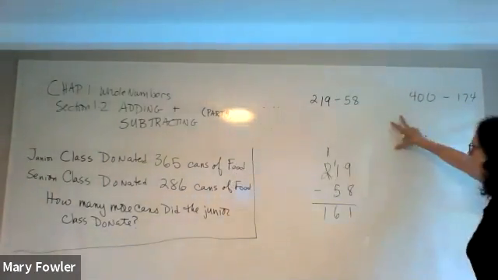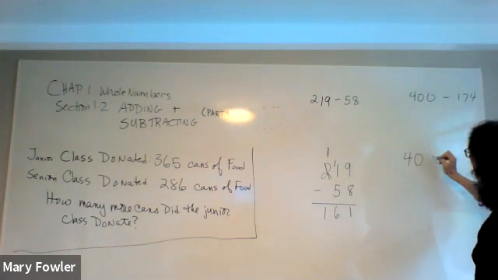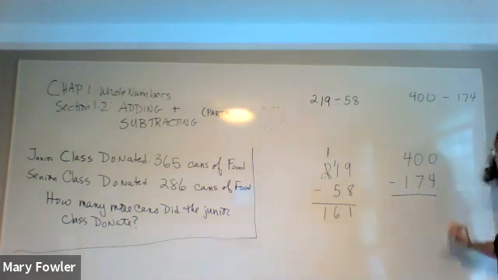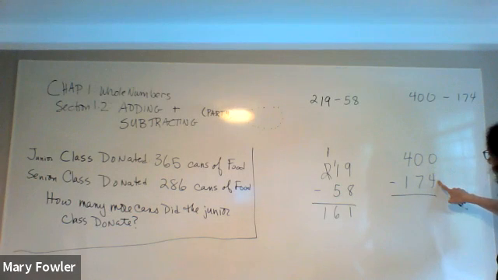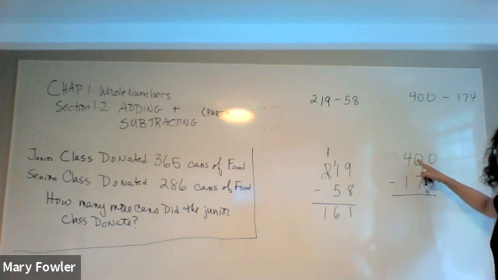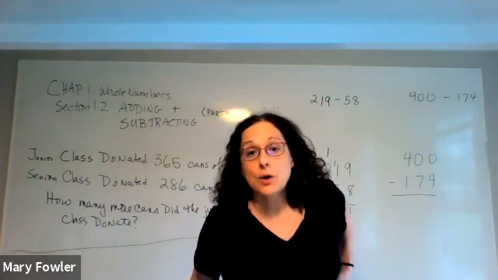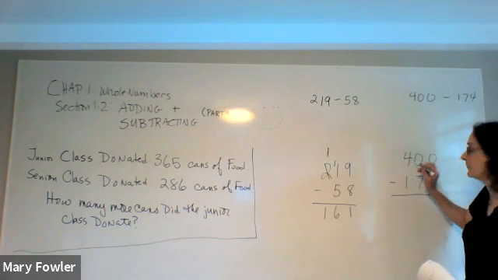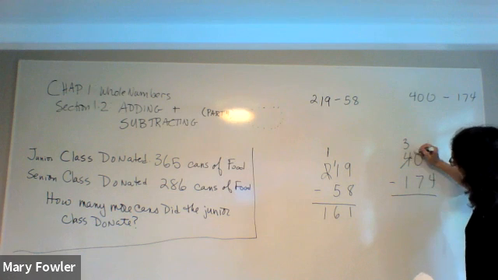Let's leave some space above for the borrowing. 0 minus 4, I cannot take 4 from 0, so I'm going to borrow 1. But look, I have nothing to borrow because that's a 0. So I'm going to have to go over 1 more to the left and borrow a 1 from the 4. So the 4 becomes a 3, and that 0 then becomes a 10.